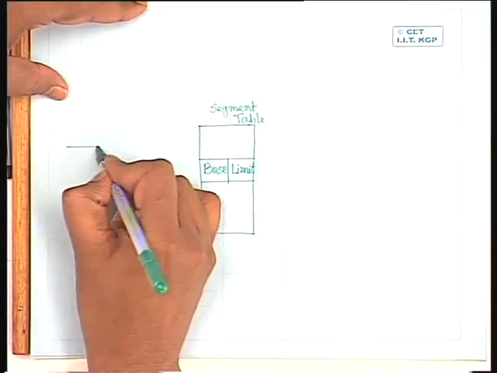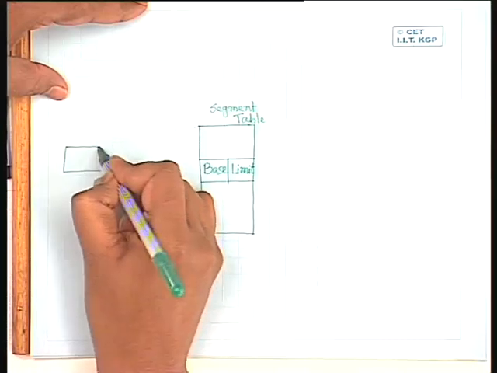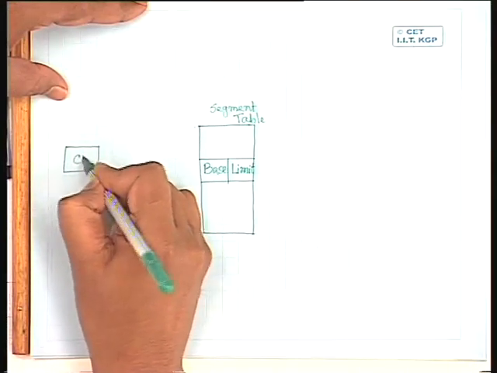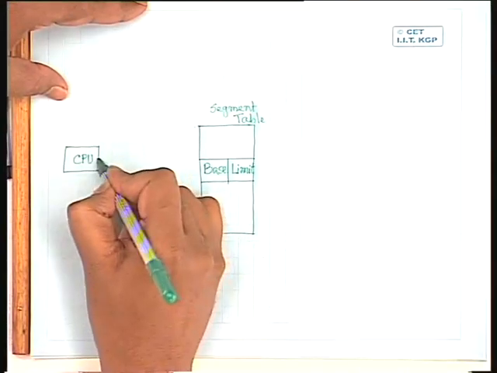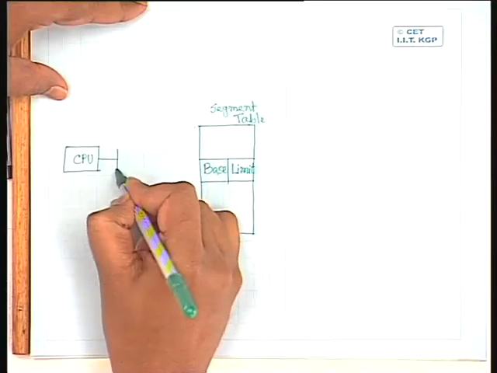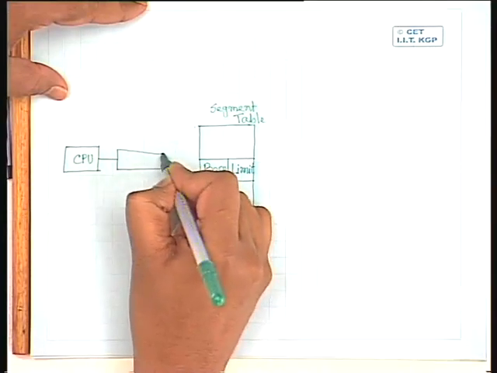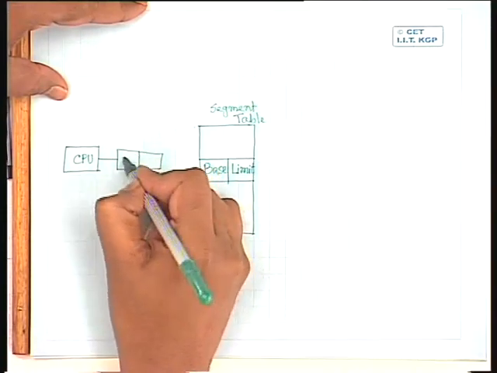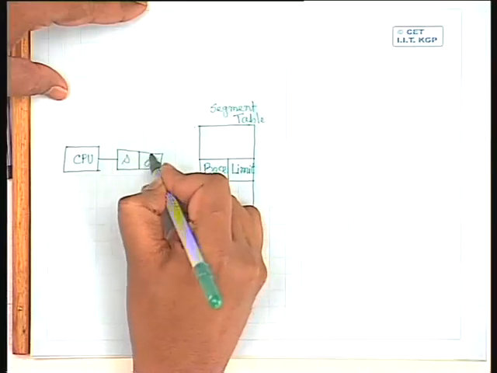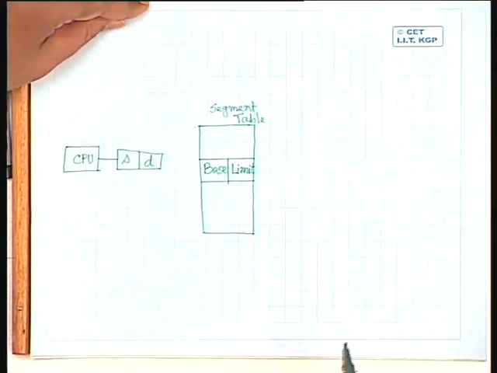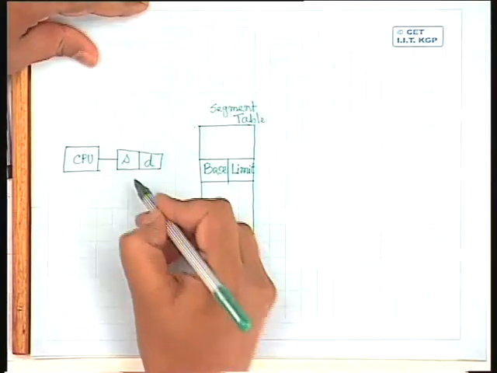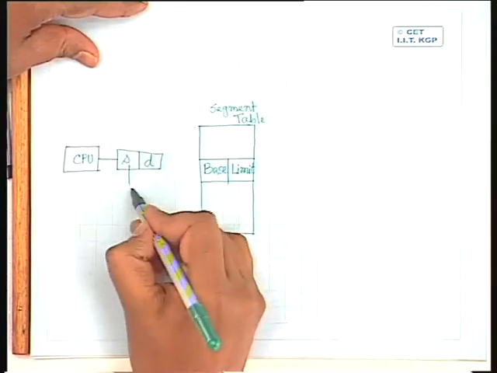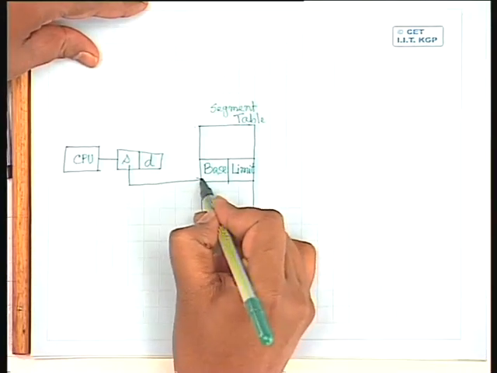Now the CPU generates an address. In this case, the address will again be a two-component address. I have the segment number S and the offset within the segment, that is D. Right? Using this segment number, I go to an entry in this segment table.